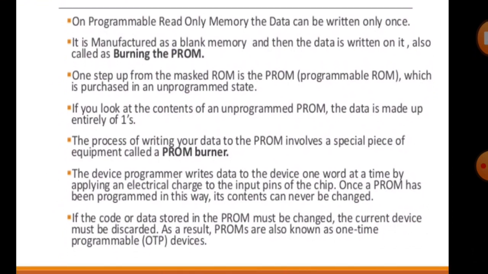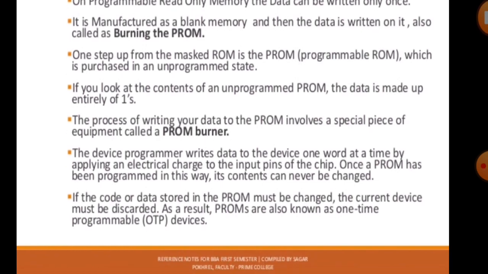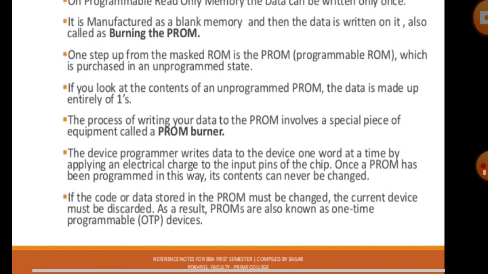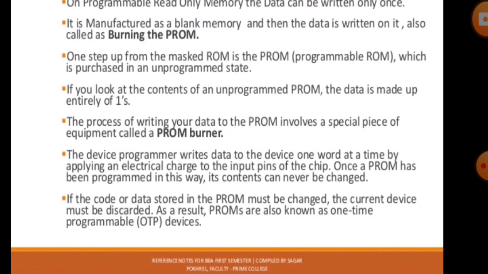If you look at the contents of the unprogrammed PROM, the data is made up entirely of ones. The process of writing your data to the PROM involves a special piece of equipment called a PROM burner. The device programmer writes data to the device one word at a time by applying an electrical charge to the input pins of the chip. Once a PROM has been programmed in this way, its contents can never be changed.